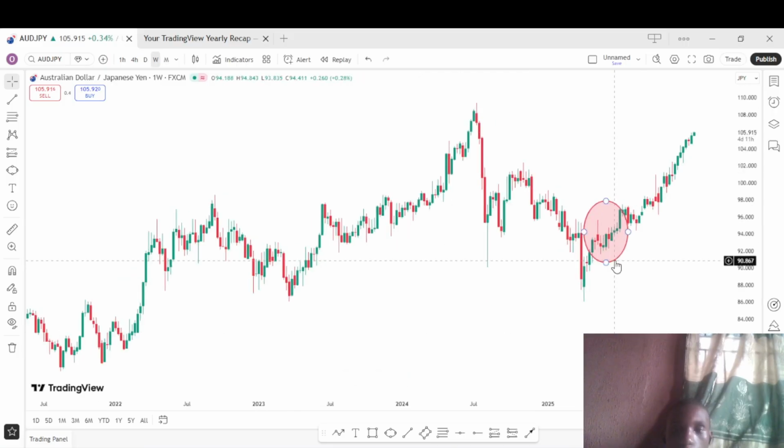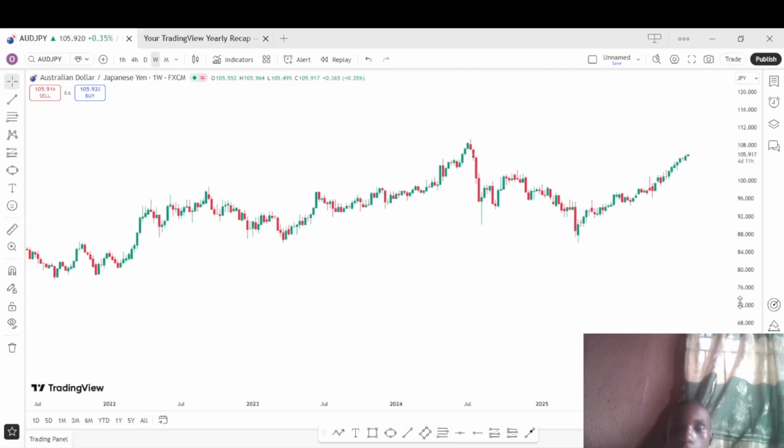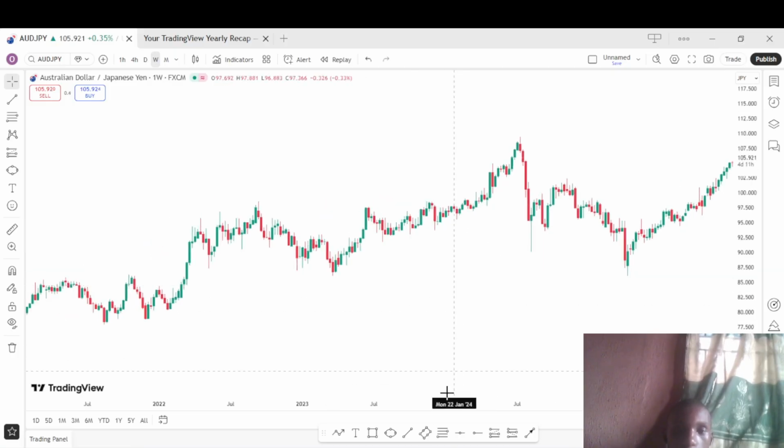Okay, I don't need this anymore. On this weekly time frame we are going to plot our major levels and our trend line. So plot it.